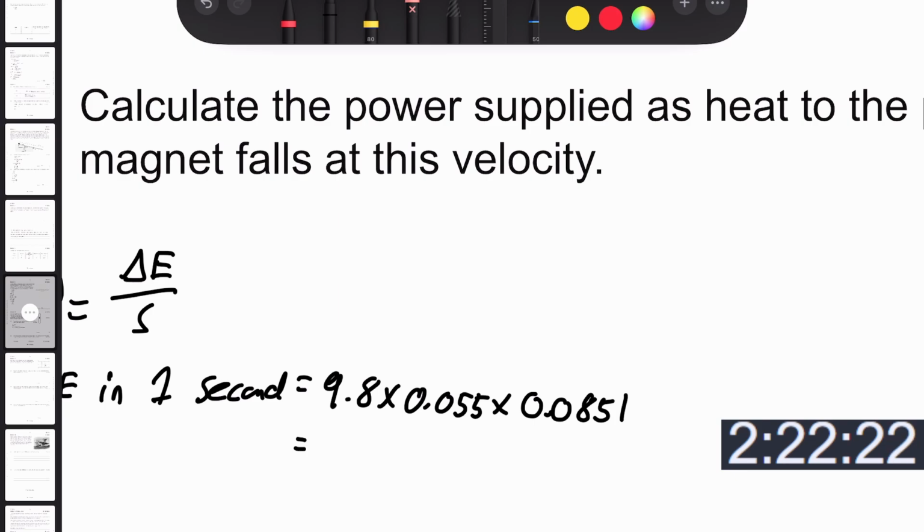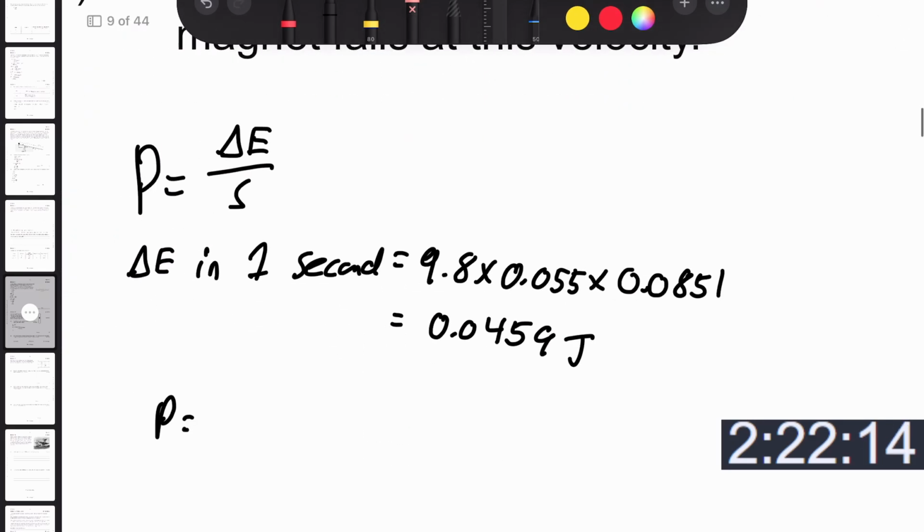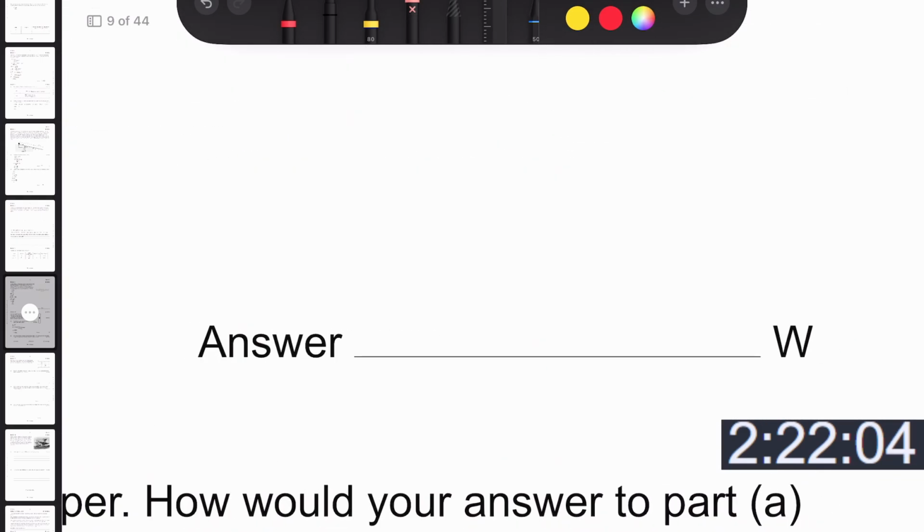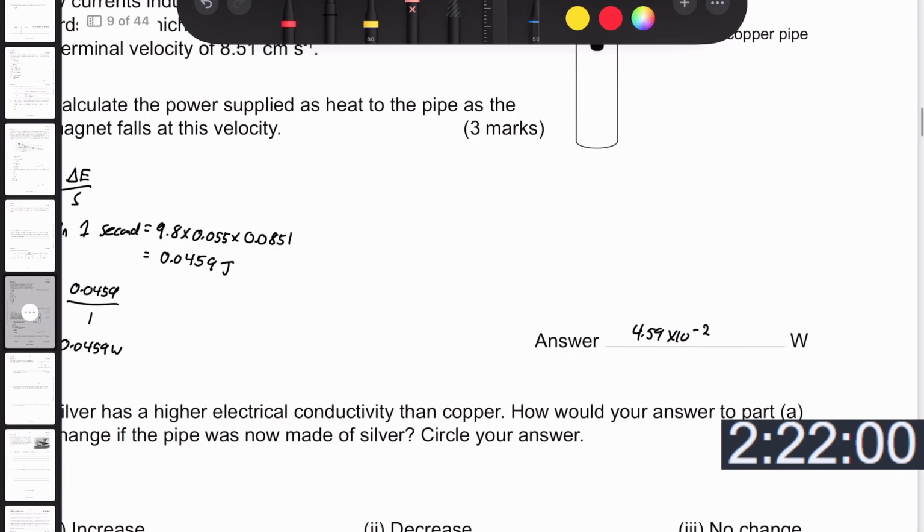So this is 0.0459 joules. So then the power is 0.0459 all over 1, so 0.0459 watts. So 4.59 times 10 to the negative 2.